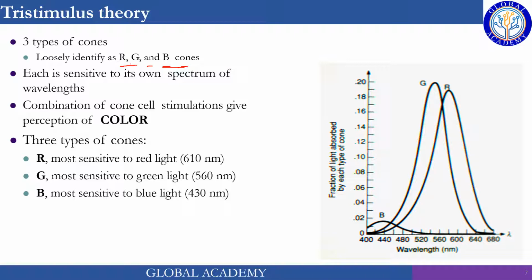The red cone cells are sensitive to red color, and similarly the green cone cells are sensitive to green color, and the blue cone cells are sensitive to blue color. Once the colors are sensed through cone cells, they are interpreted by the brain as colors.